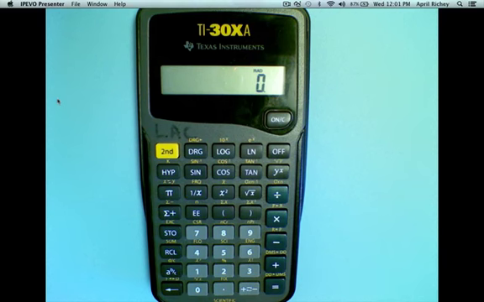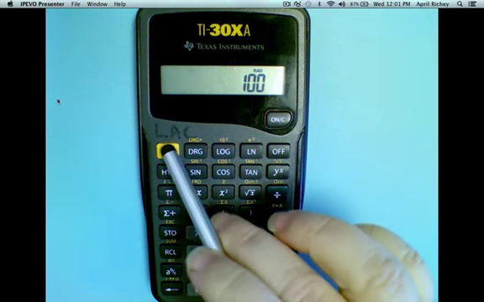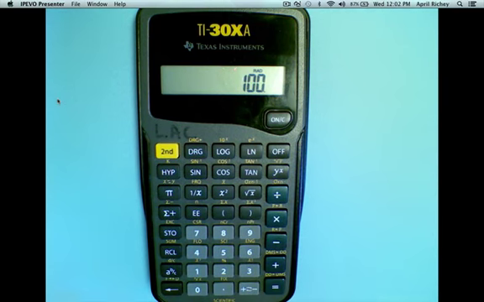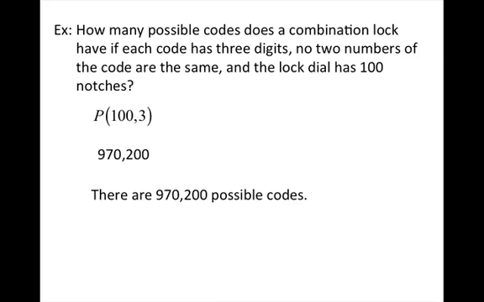If we do this on our calculator, we have 100, and then I hit second, number 9 to get to the permutation, and then the 3 numbers that I'm selecting, and press equals. And you get 970,200. So there are 970,200 different possible codes.